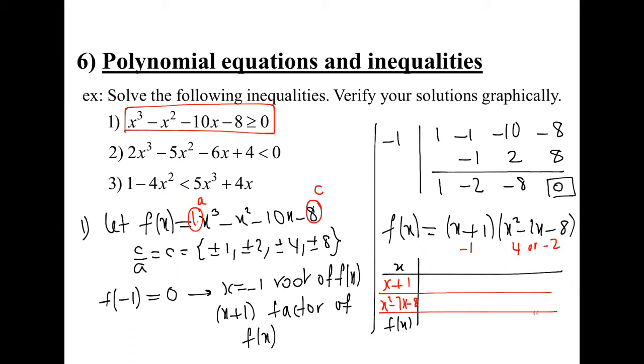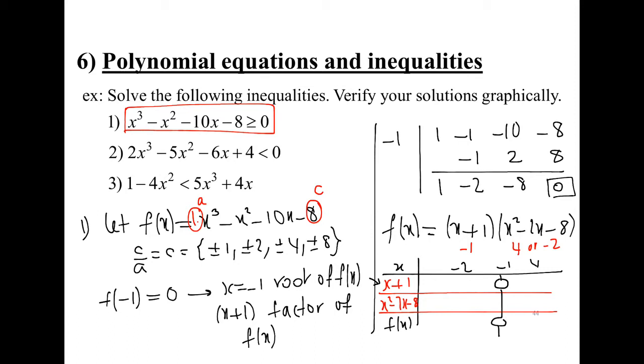So we list all the roots of the polynomial in increasing order. It's a number line, so they couldn't be listed in any order. They have to be in increasing order. So it's -2, -1, and 4. Now x plus 1 has a zero of -1.